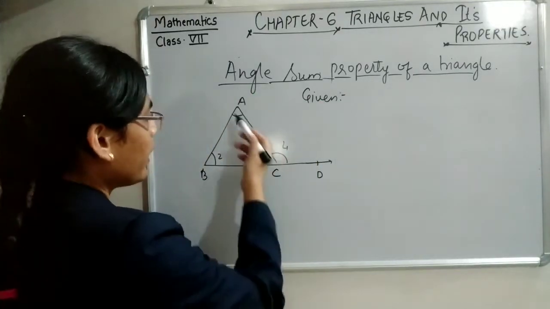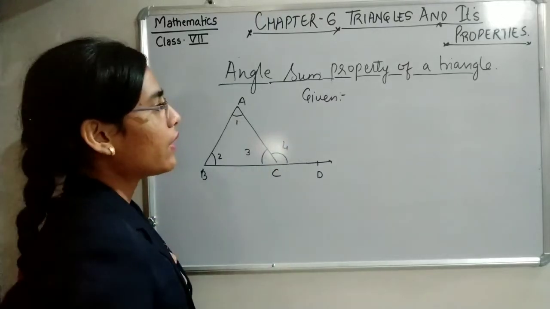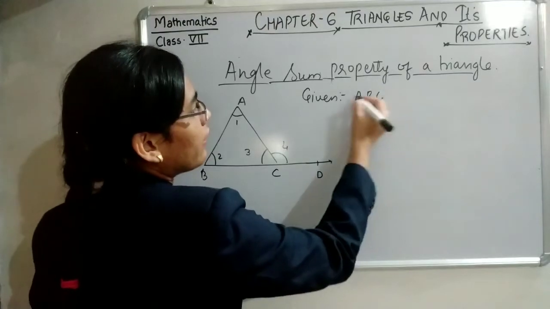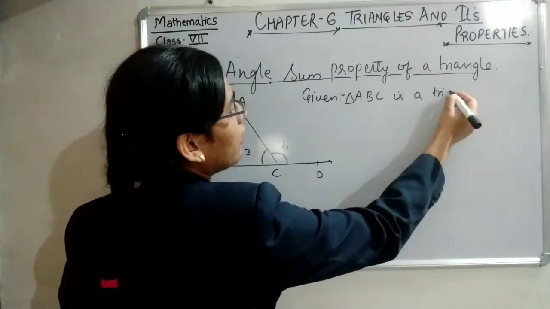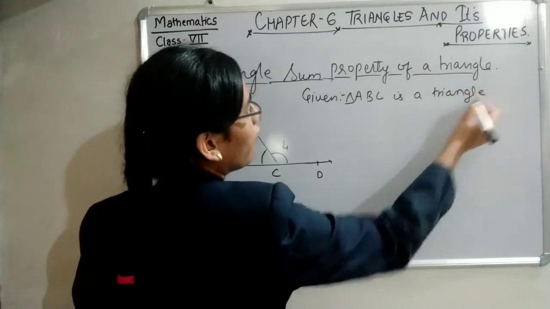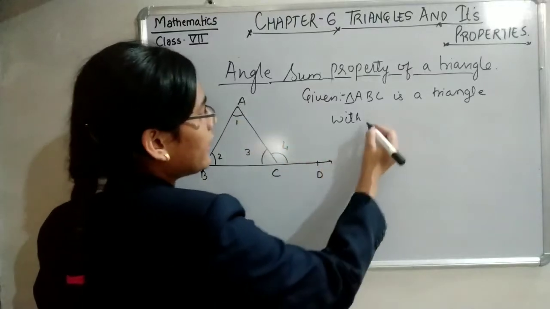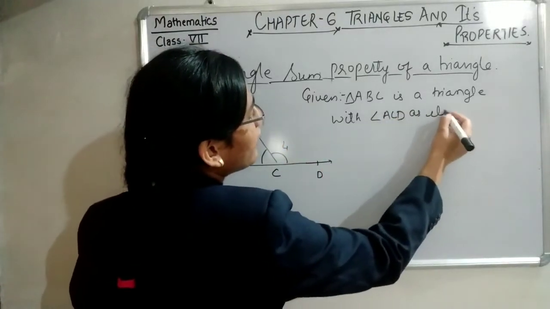Here this is a triangle ABC and ACD is the exterior angle of the triangle. So given, triangle ABC is a triangle with angle ACD as its exterior angle.